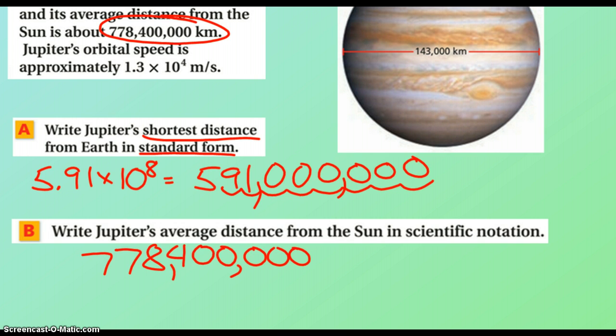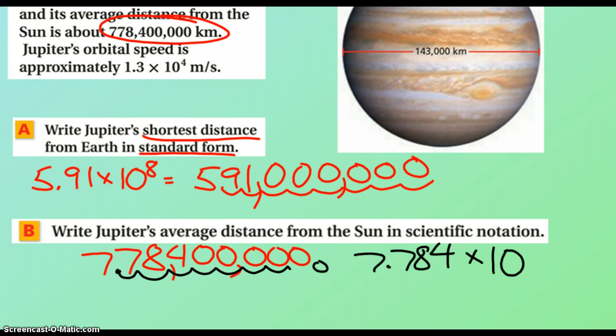Okay, so I'm going to write 7.784, because remember that first number has to be less than 10 or 1 or greater. I'm going to figure out how many spots it takes me to get to the end here. So 1, 2, 3, 4, 5, 6, 7, 8. And there's that number in scientific notation.